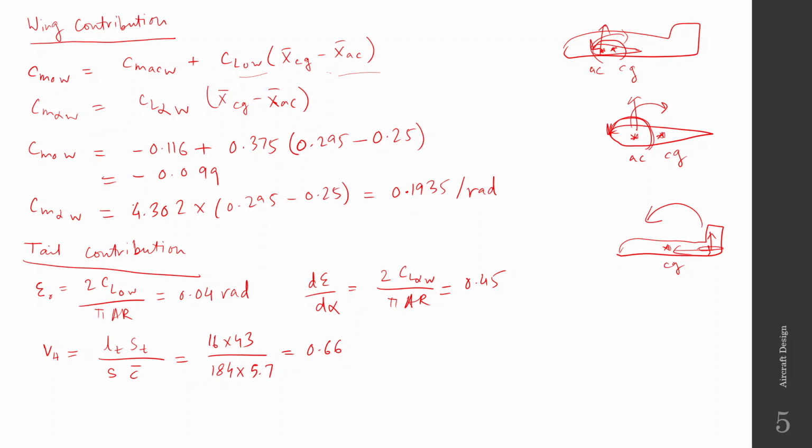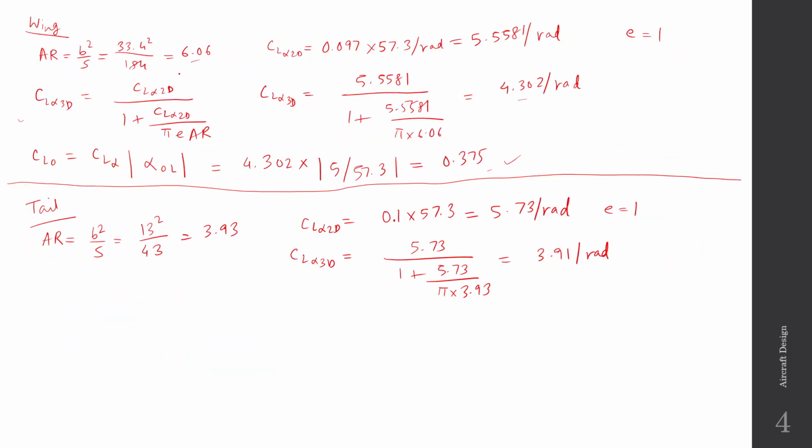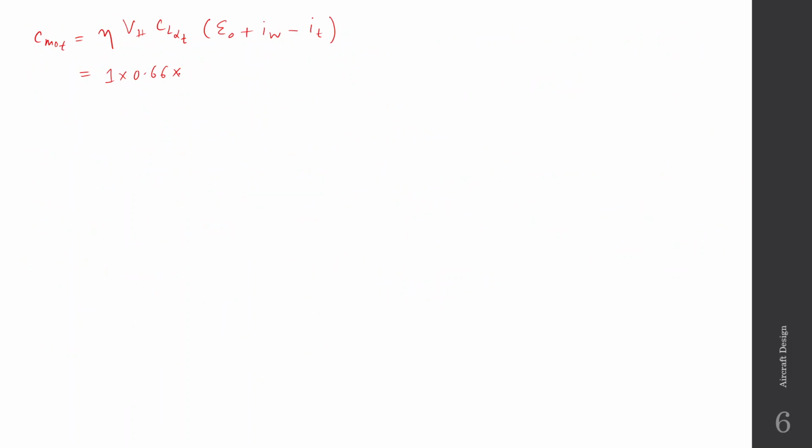Okay. Now with these values we can calculate Cm naught and Cm alpha of the tail. So Cm naught tail is given as eta Vh Cl alpha tail into epsilon naught plus setting angle of wing minus setting angle of tail. So you can calculate this. Eta we will assume as 1, this was 0.66, and this was 3.91.